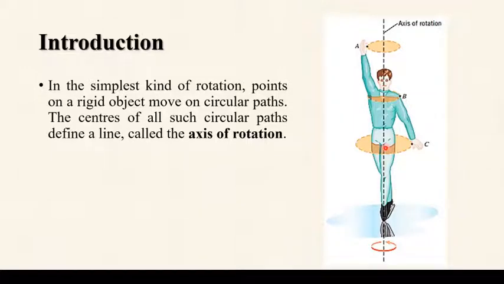We are not going to look at the whole object. We are just going to select one point on the object, one particle that makes up the object. For example, if you look at the thumb of this person, we are just going to analyze the rotational motion based on this thumb, this particle.